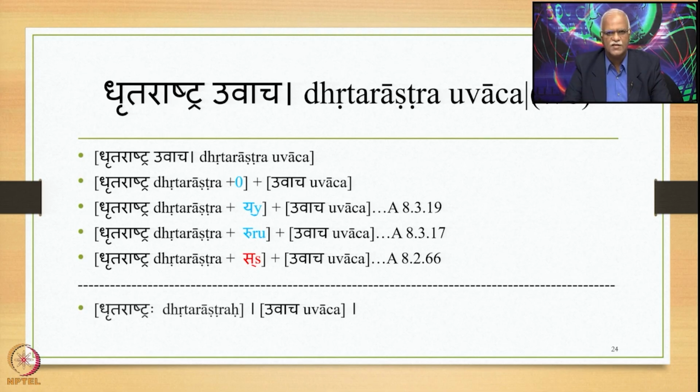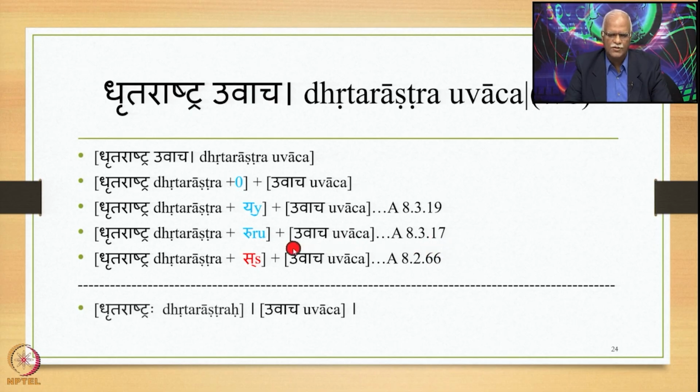So we can show this process of splitting in this particular manner, in this sequence. Dhritarashtra uvacha is the string, and we note that there is zero substitution. This zero substitution is the output of the input Dhritarashtra plus ya plus uvacha, because 8319 applies. Then Dhritarashtra plus ya plus uvacha is the output of the input Dhritarashtra plus ru plus uvacha in accordance with 8317, Bhobhagoaghoapurvasya yoshi.